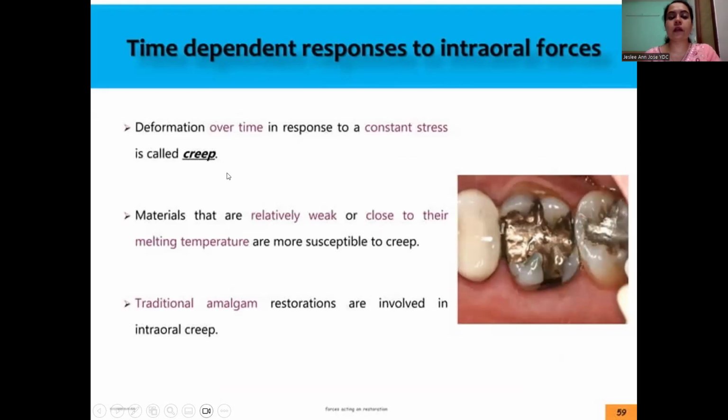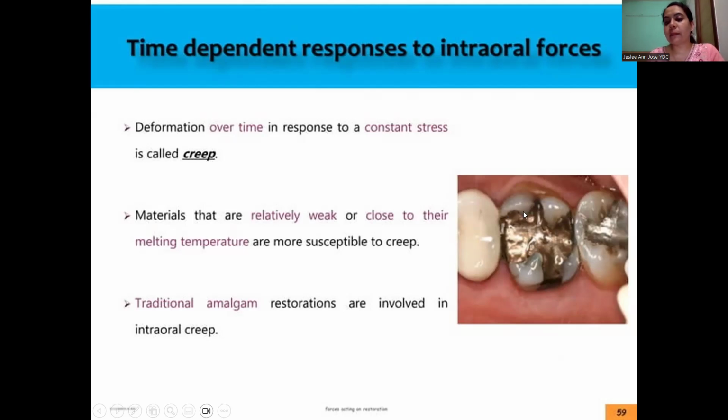So why is it important? Because when you restore the tooth with the material and leave it over a period of time, you see that there is going to be some amount of micro leakage or discoloration onto the remaining tooth structure. Why has this happened? In this picture you can see an amalgam restoration which is a class 2 MOD with a palatal extension.